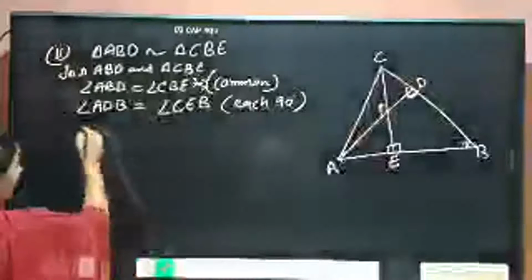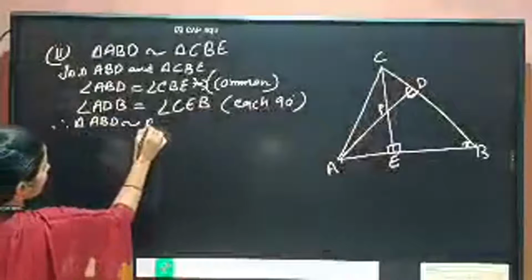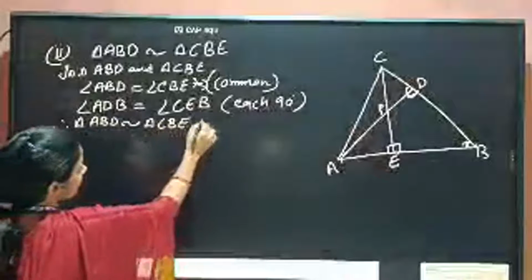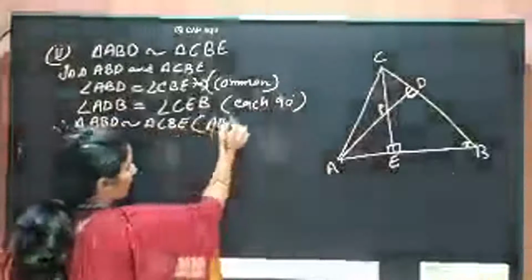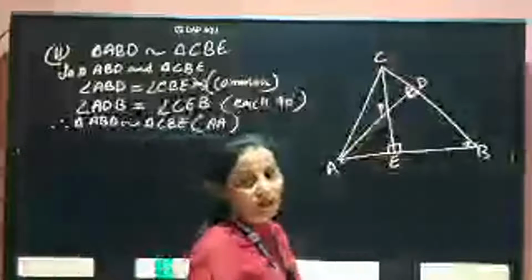Same in both triangles, then I can say triangle ABD is similar to triangle CBE by angle similarity criteria. These two triangles are similar.